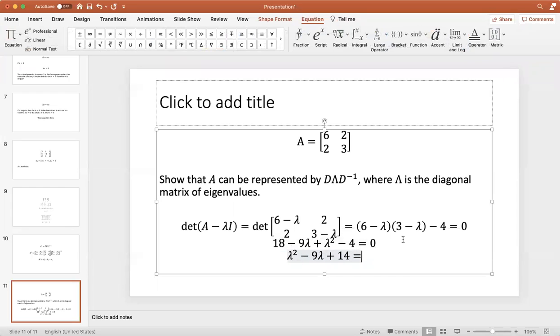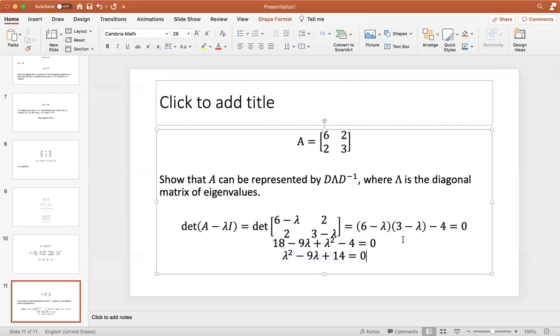plus 14 equals 0. Now, when you try to factor a quadratic equation, always look at the last term, the constant, and try to figure out the factors. For 14, you can get 14 and 1, or 7 times 2, and their negative equivalents. The most sensible factors here would be negative 7 and negative 2. Negative 7 times negative 2 is positive 14, and adding them you get negative 9.